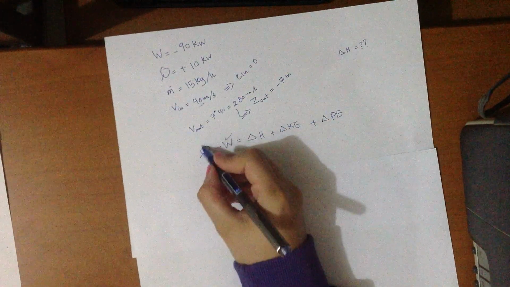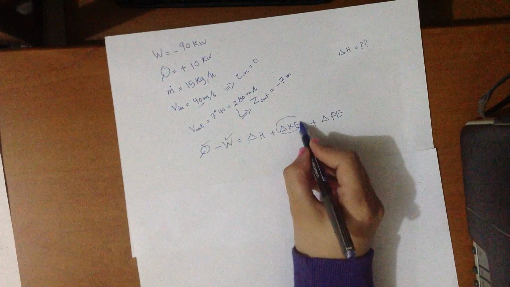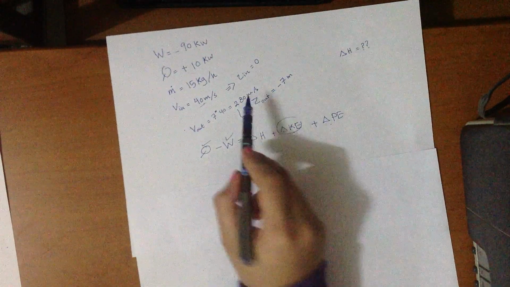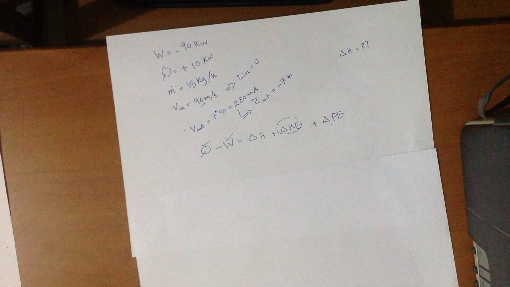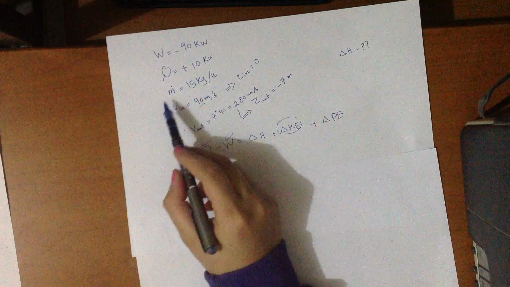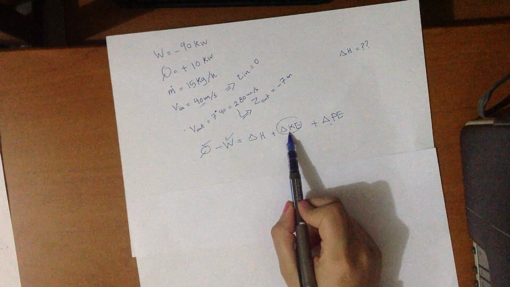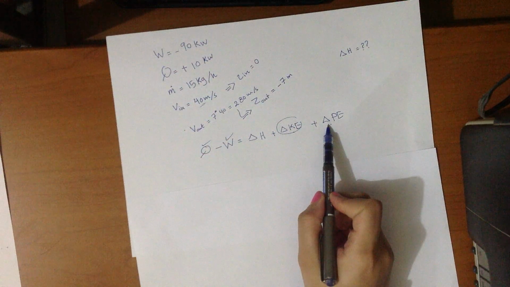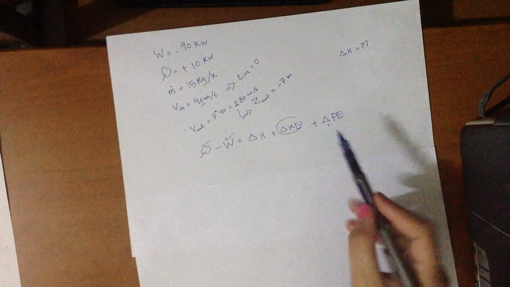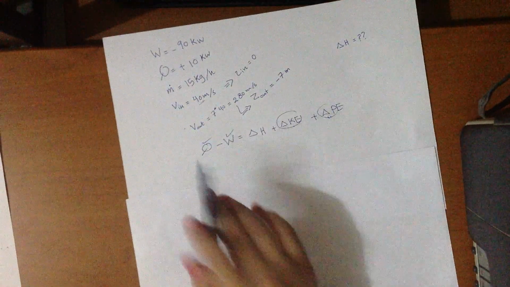This one is known, and we can find this one from the change in the velocity, and we can find this one from the change between the inlet and outlet points. That's easy to find because we have the mass here for the kinetic energy, and we know the gravity. So we can find this one and this one from the formulas.